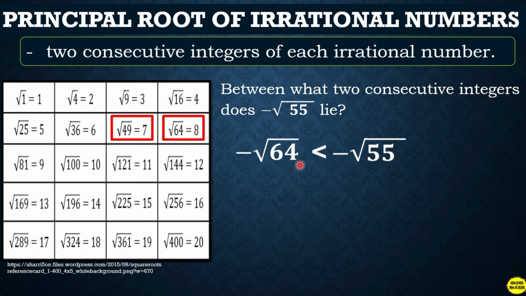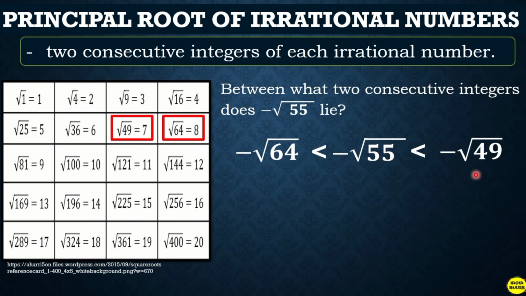Siya po ngayon ang mababa. And then yung negative square root of 49 natin, siya ngayon ang mataas. Bakit? Kasi negative tayo. Kapag negative ang coefficient, mas mataas yung number, mas mababa yung value niya. Tapos mas mababa yung number, mas mataas ang value kapag negative. So baliktad tayo ngayon, hindi kagaya kanina.